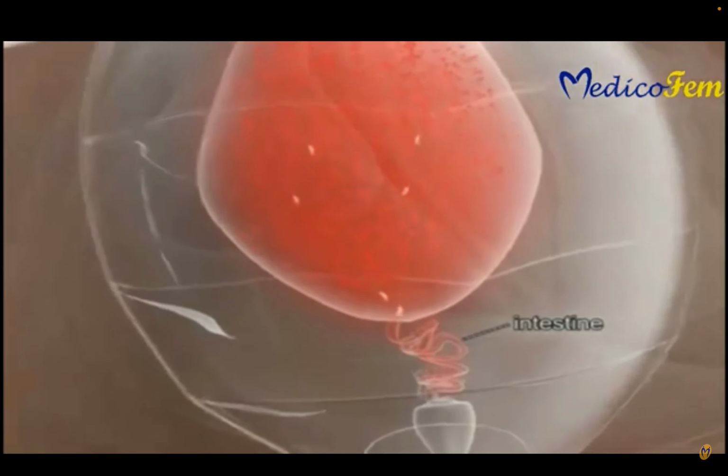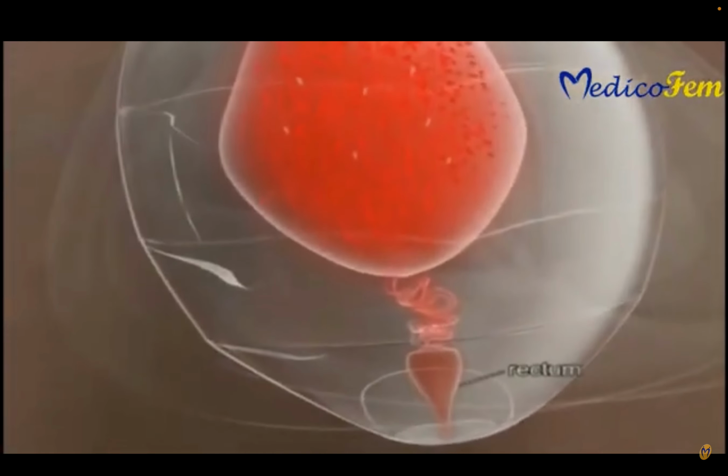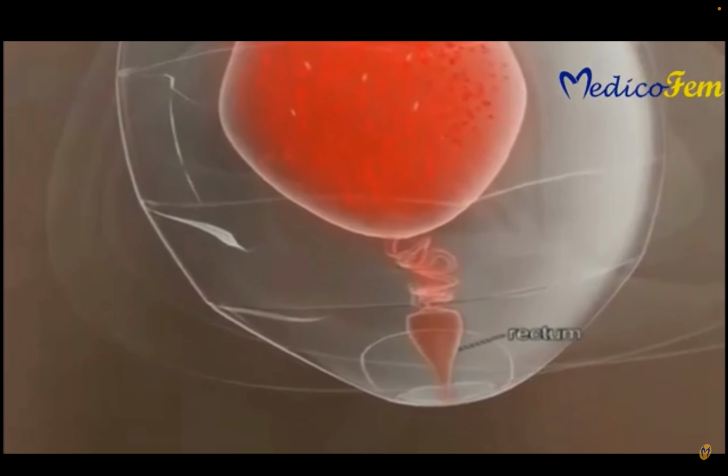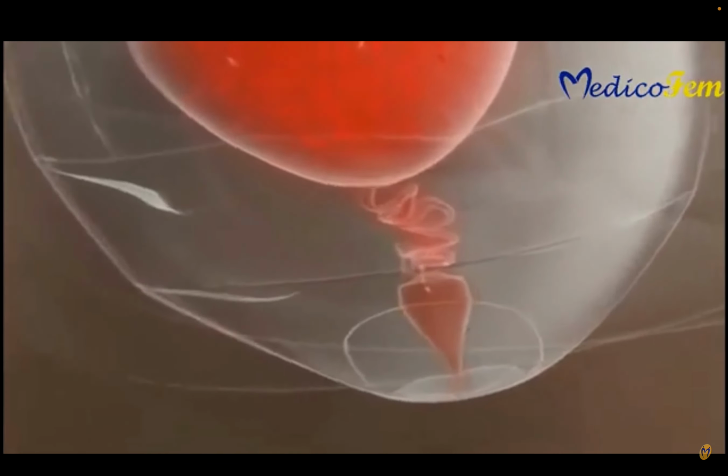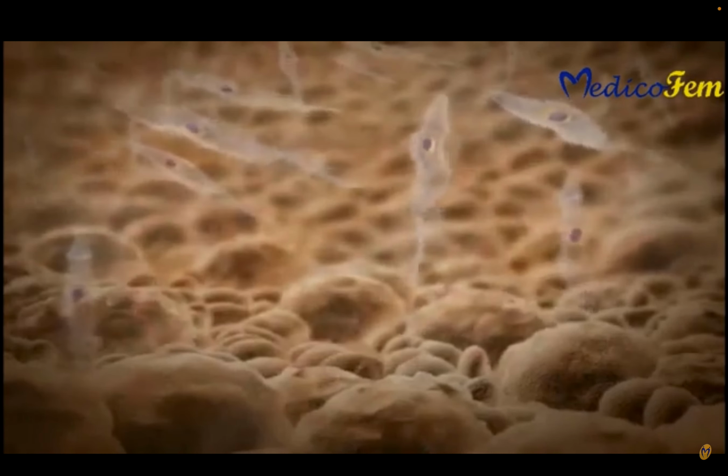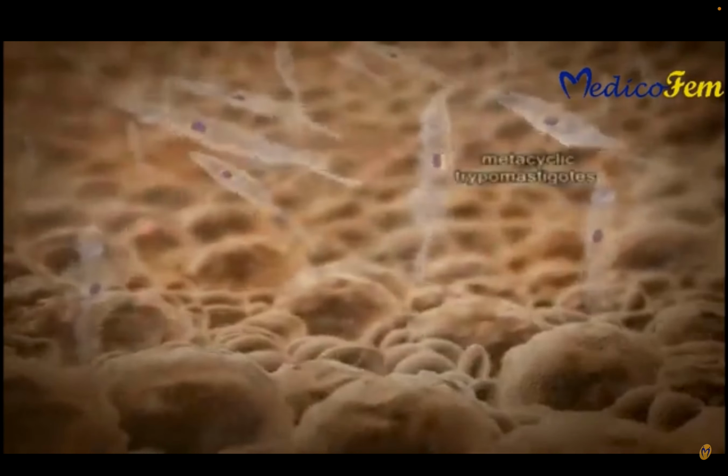Further, the epimastigote forms travel to the hindgut, the rectum. They finally transform into metacyclic trypomastigote forms in the hindgut.